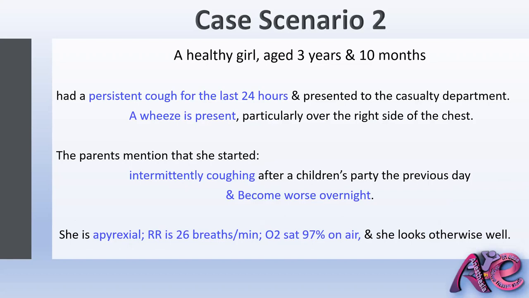The parent mentioned that she started intermittently coughing after a children's party the previous day and became worse overnight. She is apyrexial, no fever, respiratory rate 26 breaths per minute, saturation 97% on air, and she looks otherwise well.